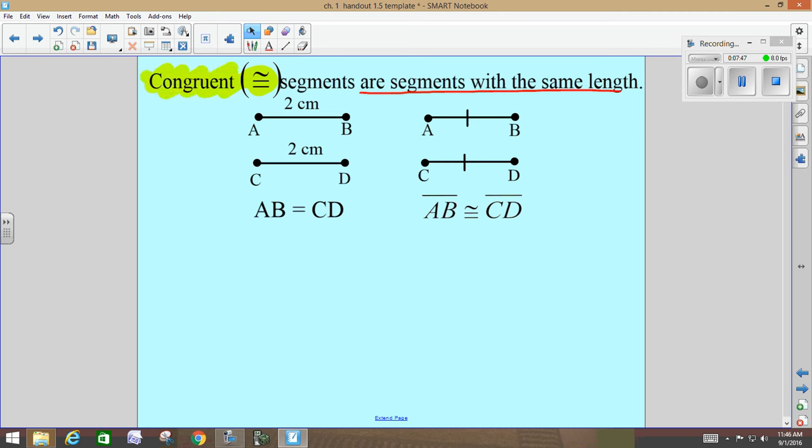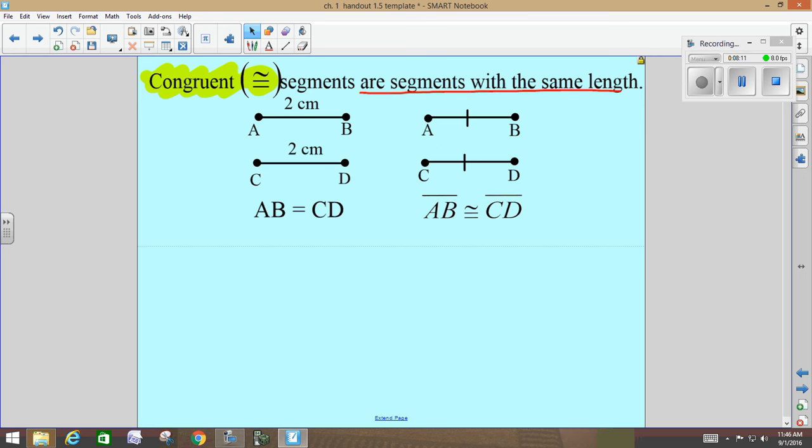Yeah, I know. All right, that symbol, the equal sign with the squiggle, that's the symbol for congruent. I won't write out the word congruent anymore. I'm going to use the symbol, so make sure you know what the symbol means. It's the equal sign with one squiggle on top. Right here, it says the length of AB is 2 centimeters, the length of CD is 2 centimeters.